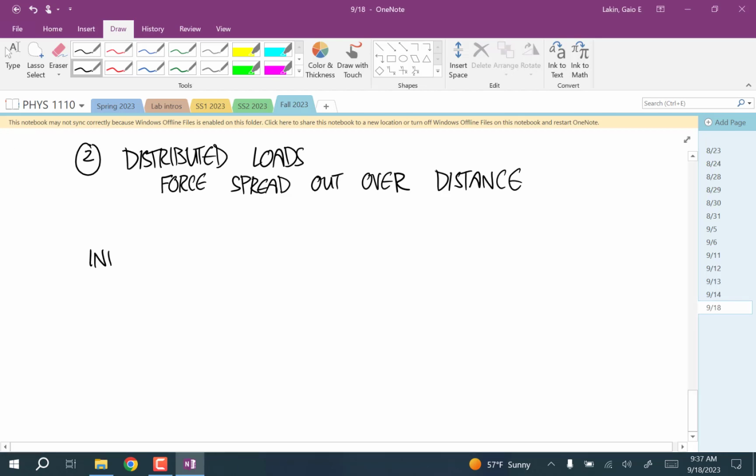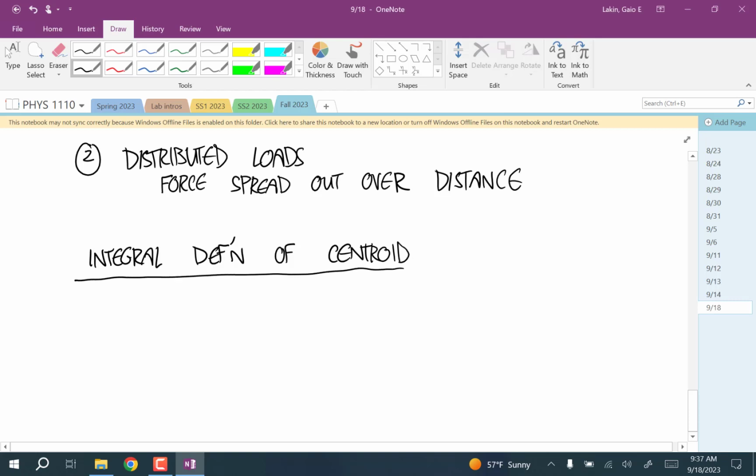But this is the integral definition of the centroid. If you're in 2 dimensions, it's an area definition. And you always denote the centroid as x bar, y bar, where the over bar says you're talking about the centroid.